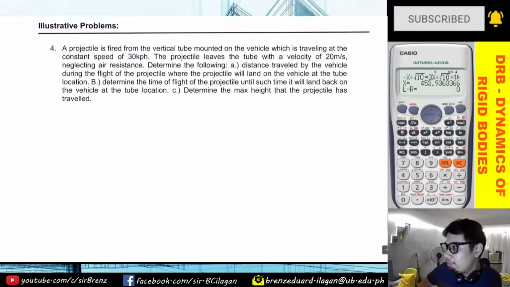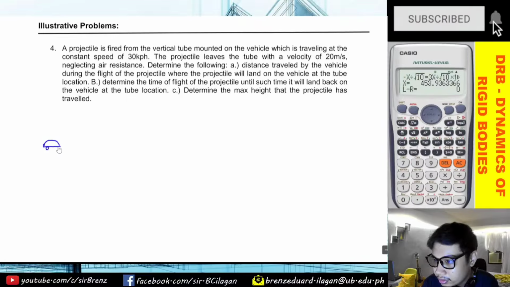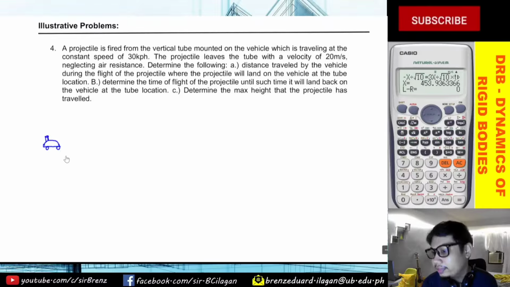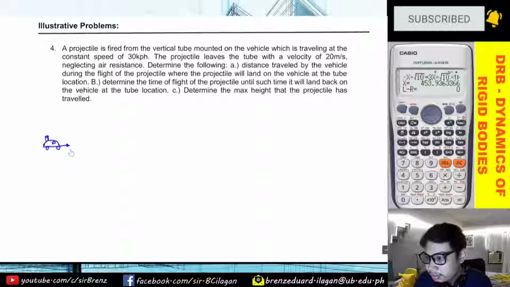So guys, medyo maganda tong problem na to. Kasi ang sinasabi dito, meron daw sasakyan. Okay? So yan yung sasakyan. So yung sasakyan na yan, may nakamount daw dito na, sabihin na nating cannon. So yung velocity ng car, so gagawin ko na lang v sub c.